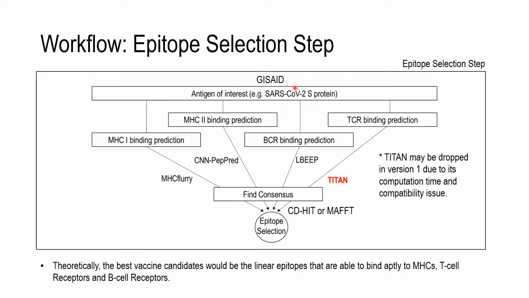Then what we do is give a binding prediction. We have integrated four different binding prediction platforms here. First is the MHC1 binding prediction. Second is the MHC2 binding prediction, then BCR binding prediction, and TCR binding prediction.